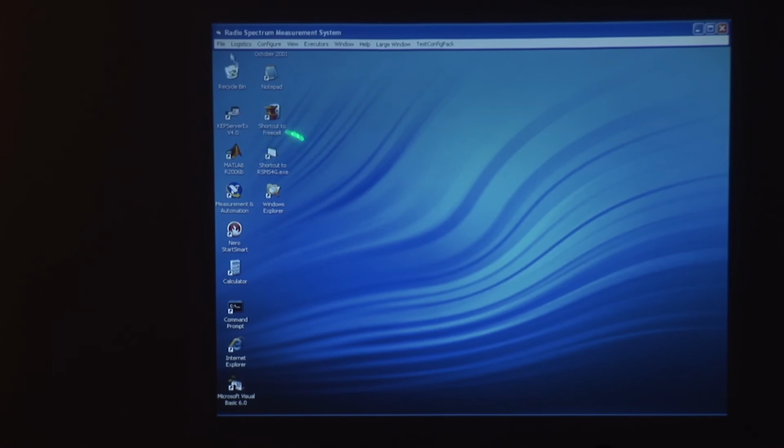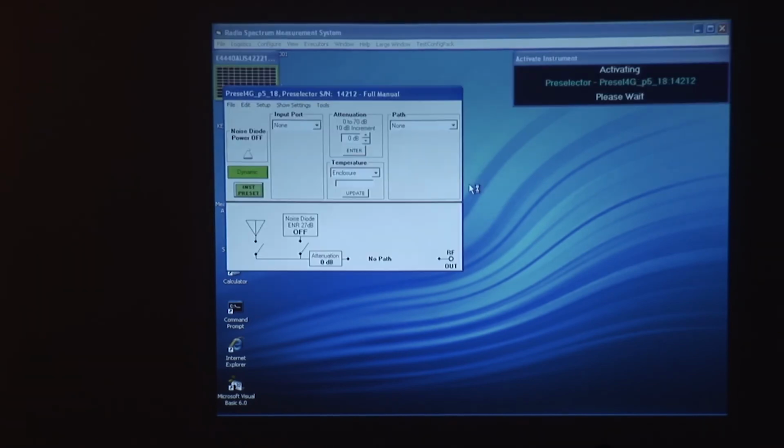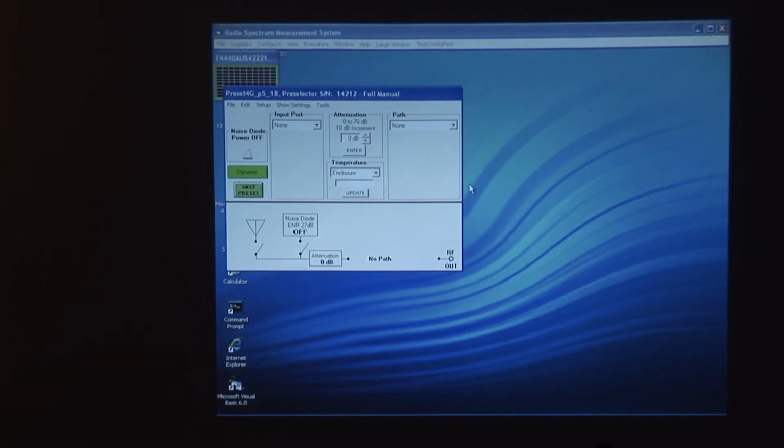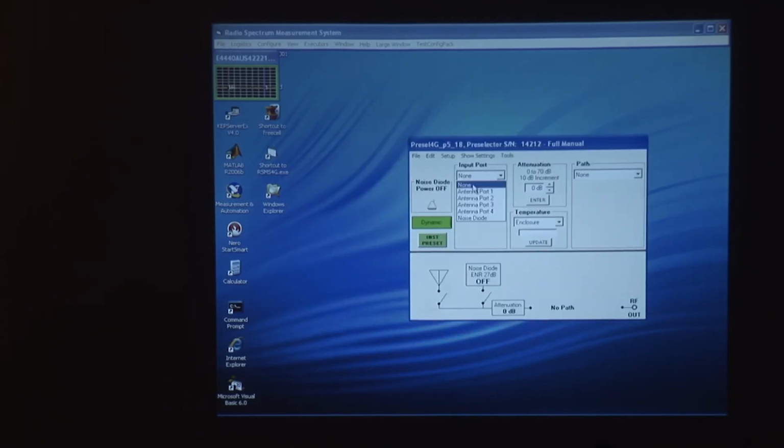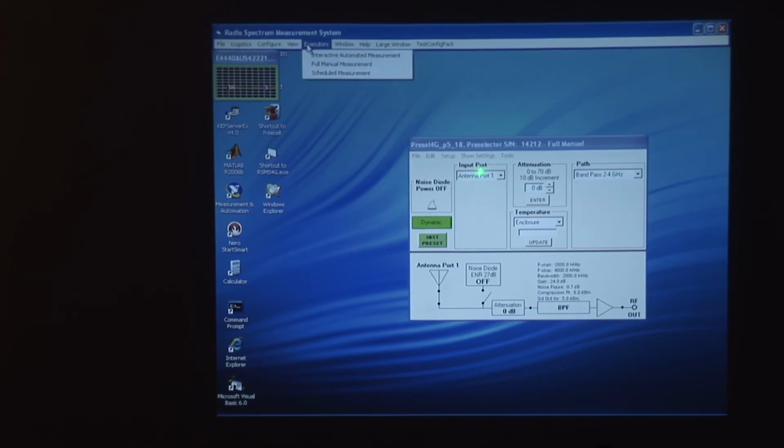So again, we run the application. Antenna port number 1, bandpass 2 to 4.